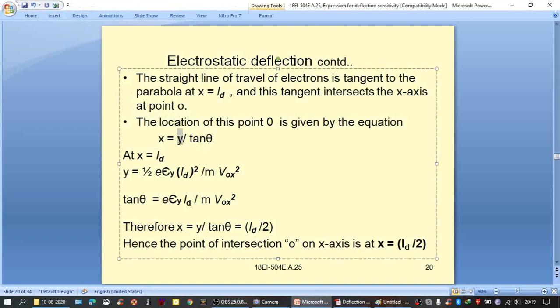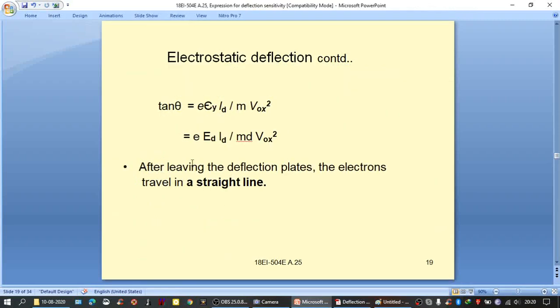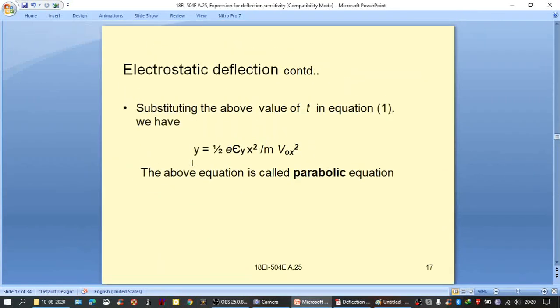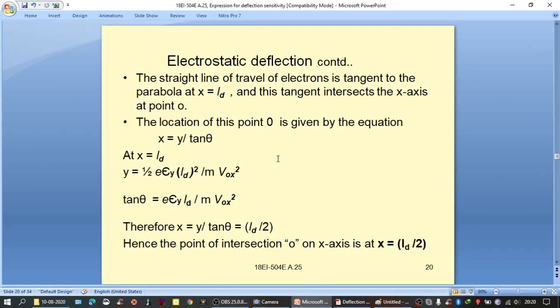We know the expression for y at x equal to LD: y is equal to 1 by 2 E Ey LD square by m V0x square.